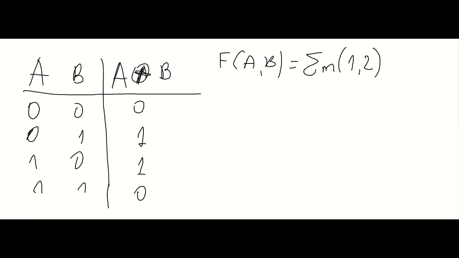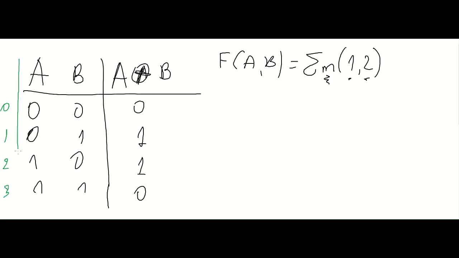This means that we take care about the interpretations that are true. Min terms mean that we take care about the interpretations that evaluate to true. So the lines are 1 and 2. The count comes from this line being 0, this one 1, 2, 3. So we count from 0 to 3.